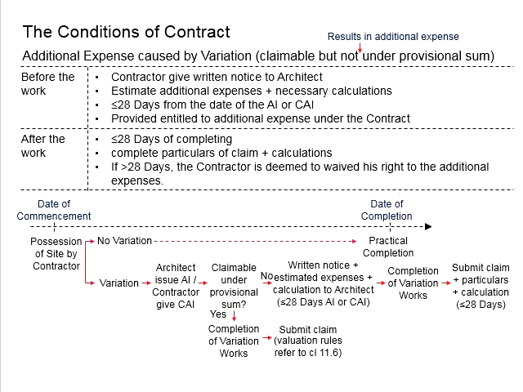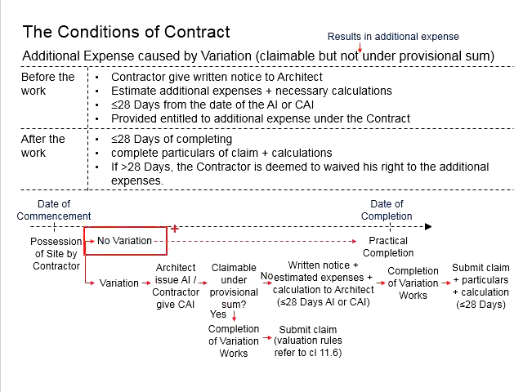More specifically, it will be the certificate of practical completion. Now, at the date of commencement, there will be possession of the site by the contractor and the work for the project is commenced. Somewhere in between, there is an instruction for the variations as given by the architect.